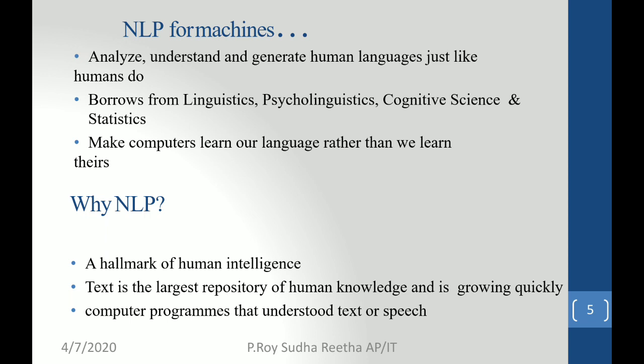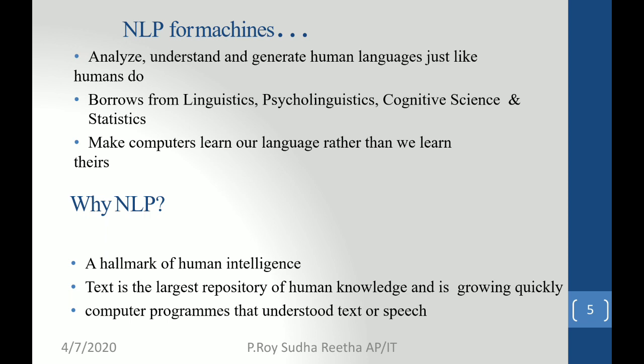For this process we are using natural language processing, and it also includes linguistic concepts, psycholinguistics, cognitive science and statistics. As we all know, linguistics is nothing but the understanding of the machine through text or speech, and psycholinguistics is similar.